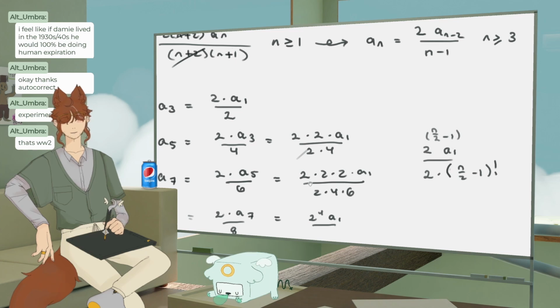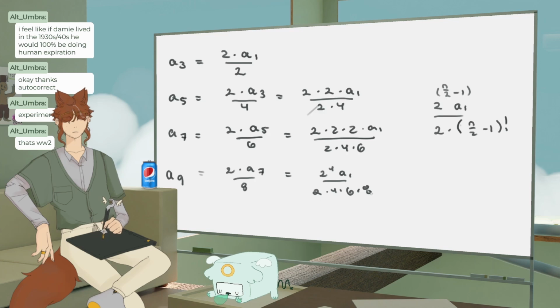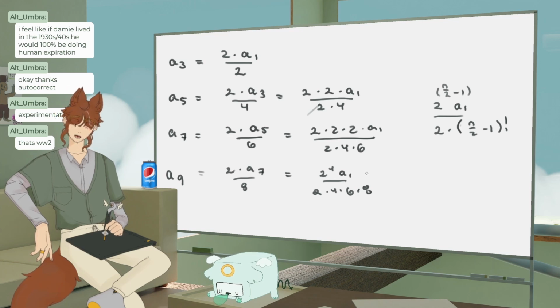Oh, that's so scuffed. Because this will be 1 through 4, and then n over 2, 9 divided by 2. Oh no, I have to floor it. Can I even do that? I don't think I can floor it.